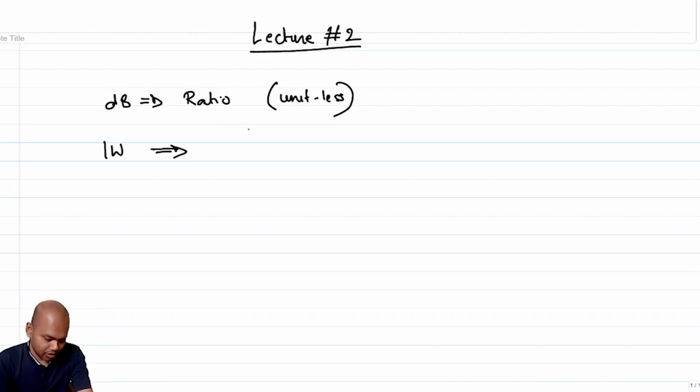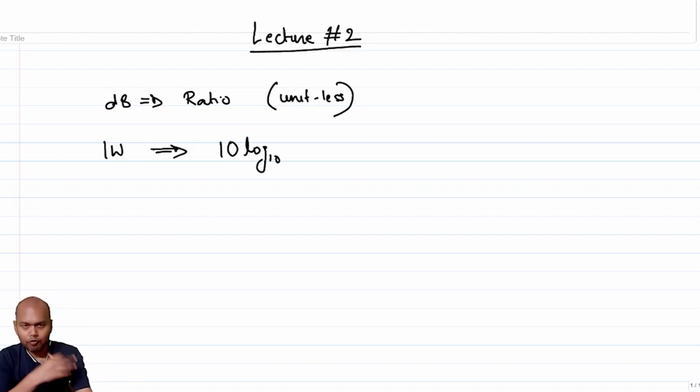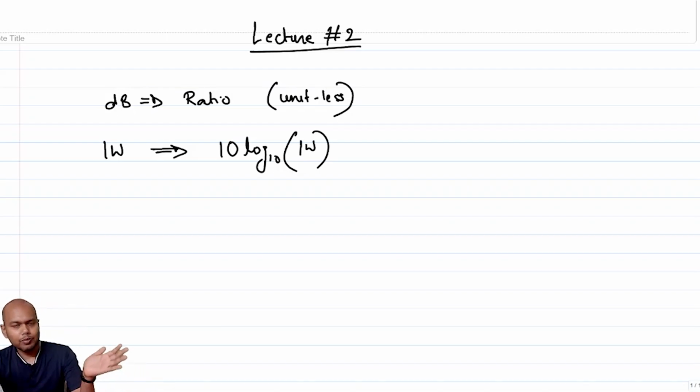The decibel system is essentially 10 log to the base 10 of whatever quantity we are trying to convert to log scale. So I can simply write 1 watt, but this doesn't make any sense because I cannot take a log of 1 watt. In principle, I can take a log of a unitless number, but this is not a unitless number.